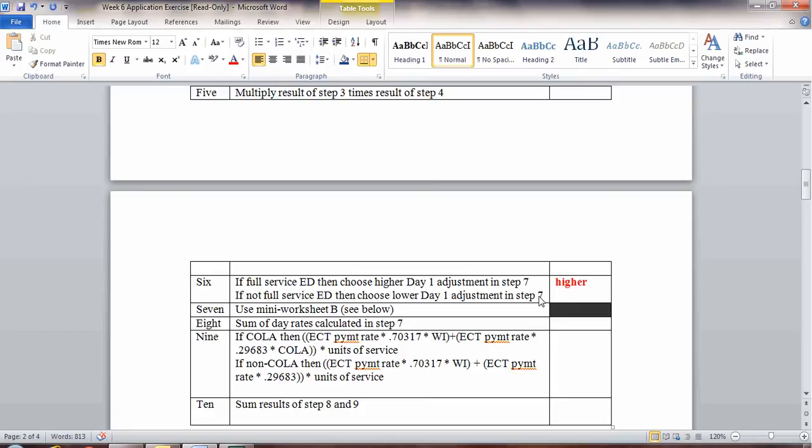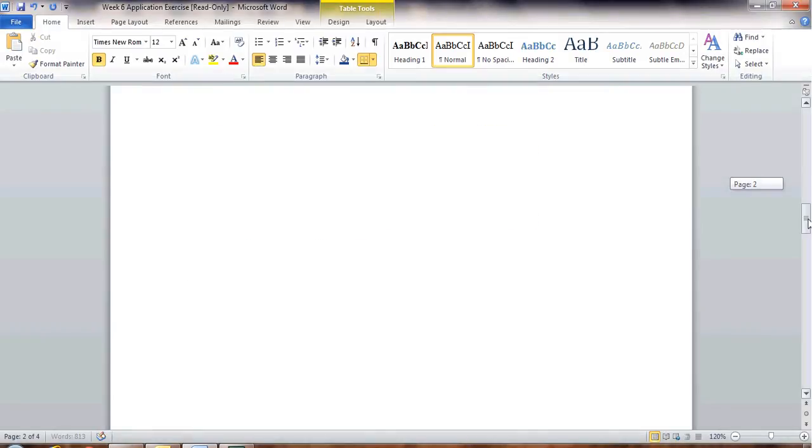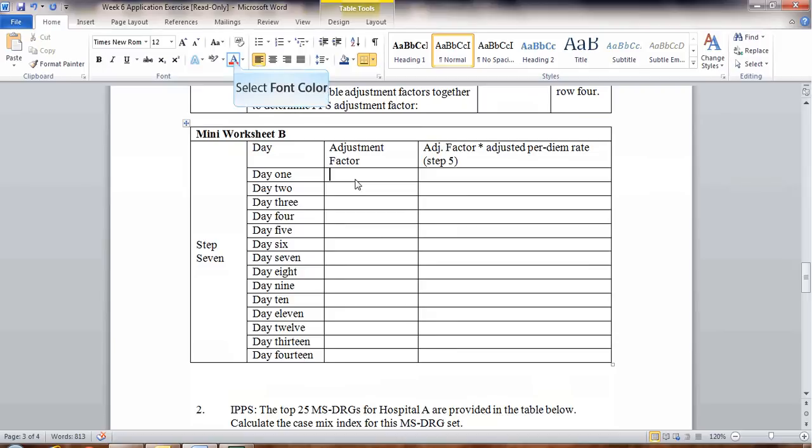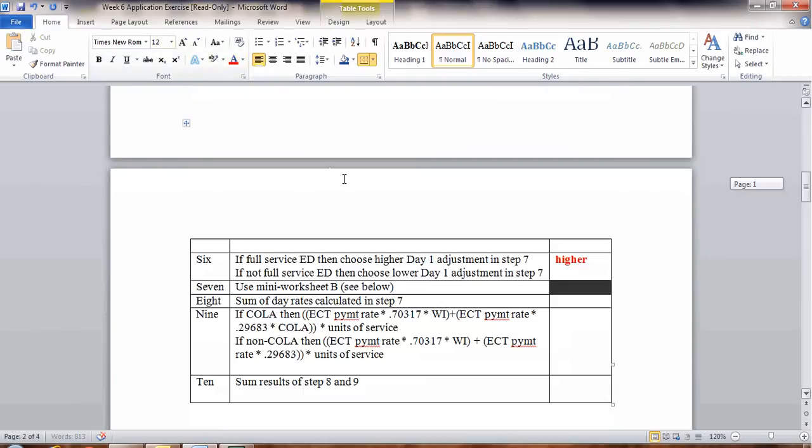So in looking at Table 6.7 in the text, we are going to use the information to complete the second mini worksheet, which is mini worksheet B, using the adjustment factors that are listed in the text for the first Day 1 in step 6. We determine that we're going to use the higher rate, which is according to the text, you'll see two numbers there. One is higher, one is lower, so we're going to enter the higher rate, which is 1.31.